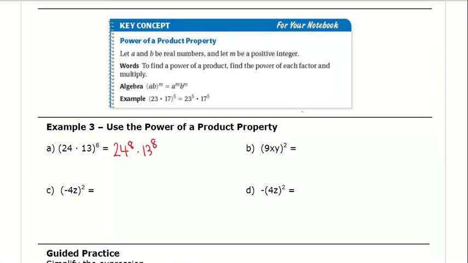For b, okay, we're going to apply this squared to every single thing that's there. I'm going to split it up. I'm going to assume that most of you might be able to jump right to the answer, but just to show you where our answer is coming from, we're going to split it up like 9 squared times x squared times y squared. And in this case, when we have both numbers and variables multiplied together, okay, we have monomials here, okay, we are going to calculate what this is going to equal.